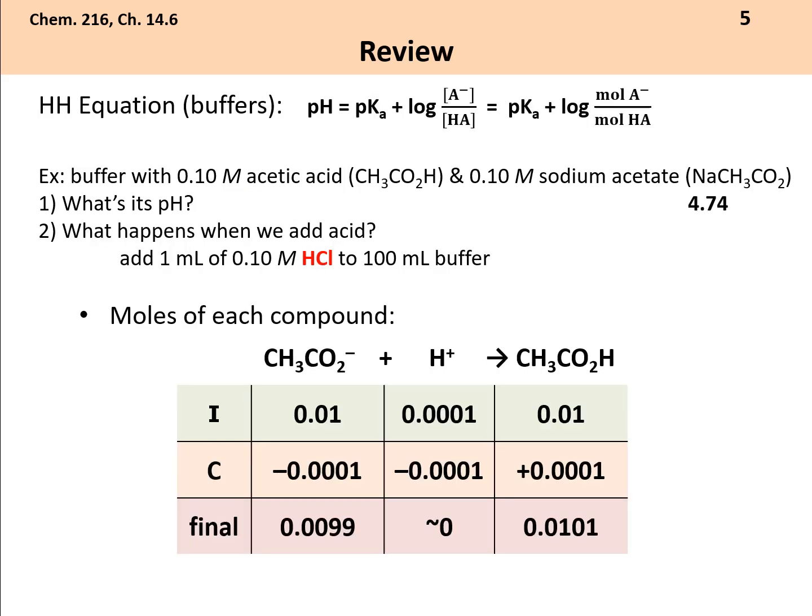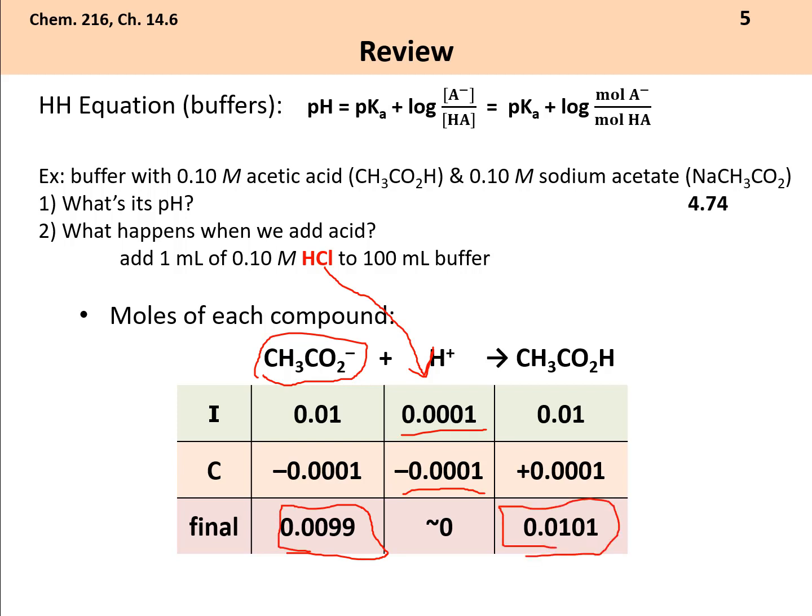Then we went ahead and said, what happens if I add an acid? If I add an acid like HCl, what I can do is figure out, using an ice chart, what happens to that acid. All that extra H plus goes away, and I'm left with still my weak base and my weak acid.